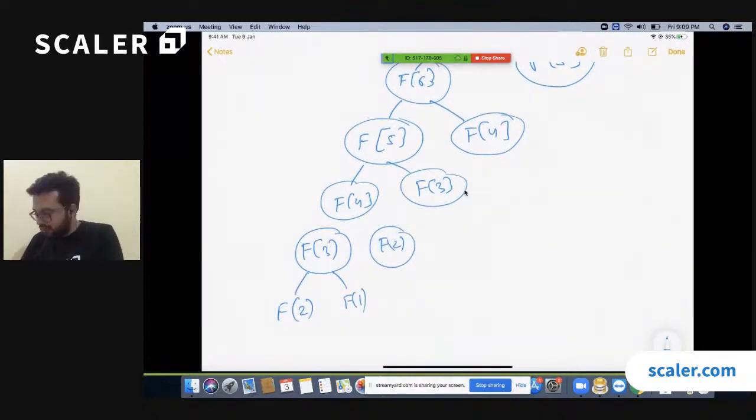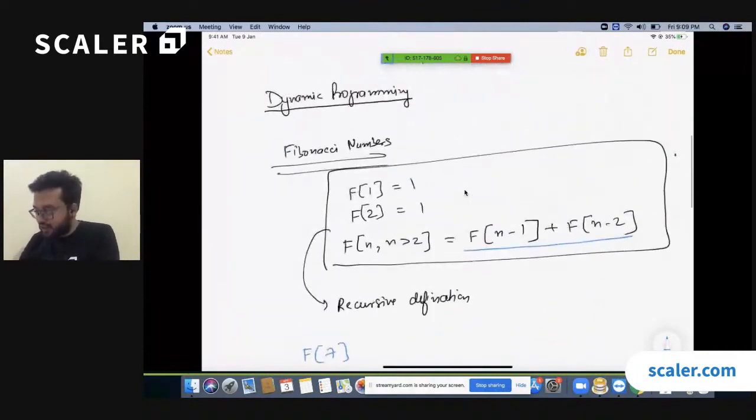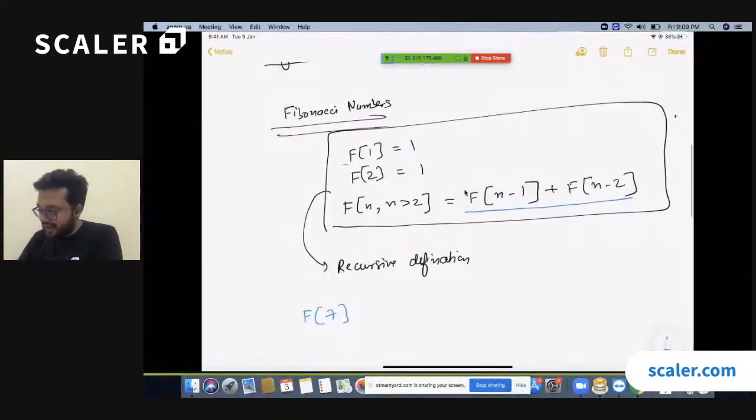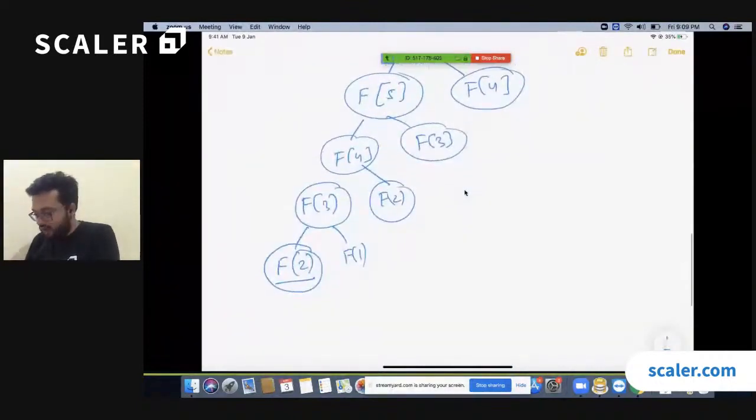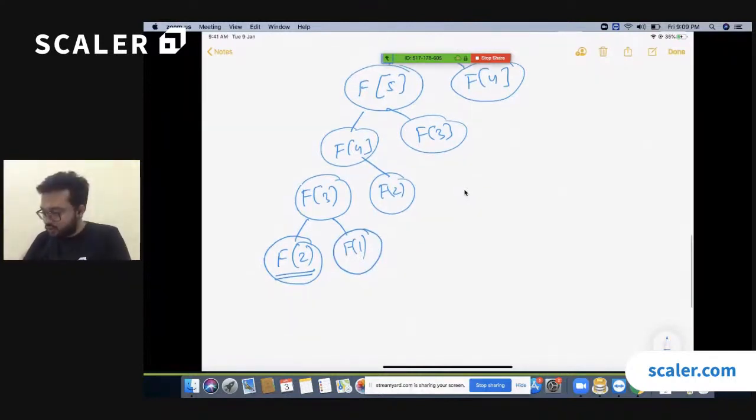Now we need not divide f2 into smaller subproblems, because by definition I already know that f2 is equal to 1 and f1 is equal to 1. The answer is already known, so there is no need to divide it further.